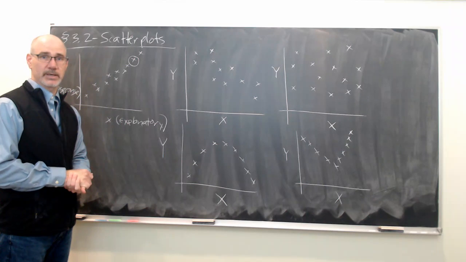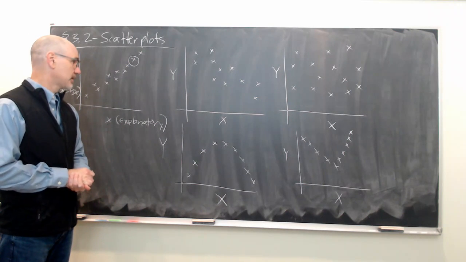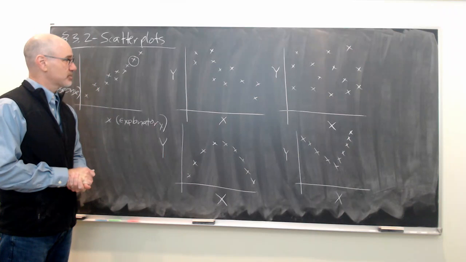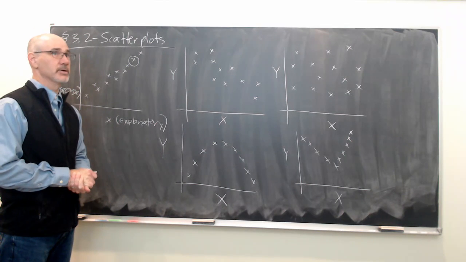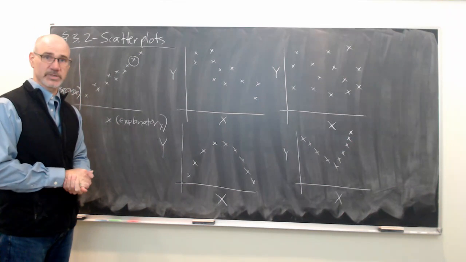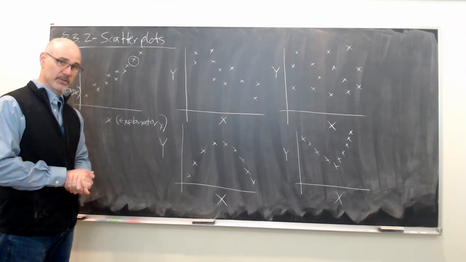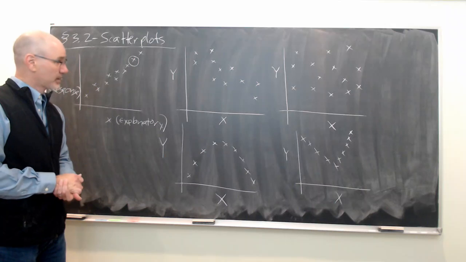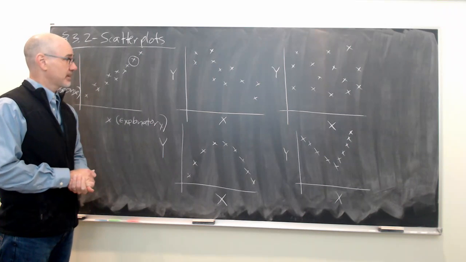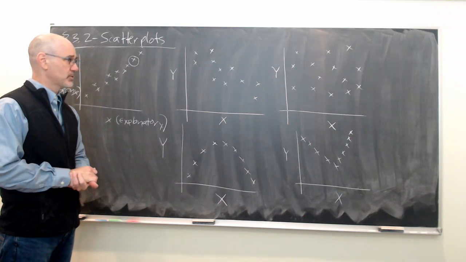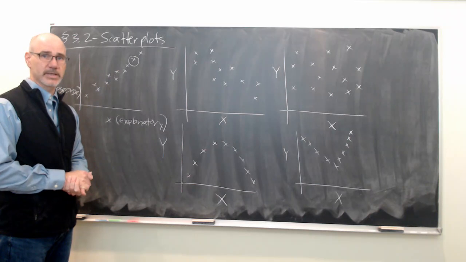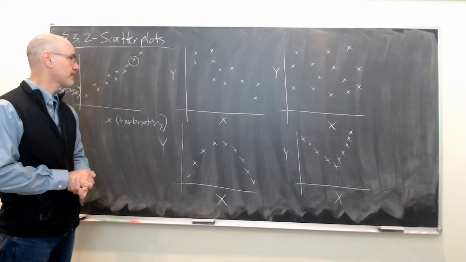This has the symbol little r, and it measures how strong the linear association between two variables is. It's positive when the association is positive, and it's negative when the association is negative. It's a huge pain to calculate, so we're not going to do it by hand. We'll always rely on technology to calculate r for us.